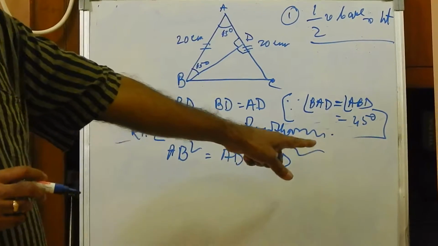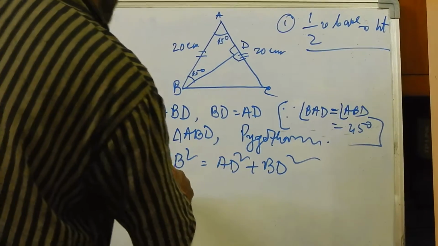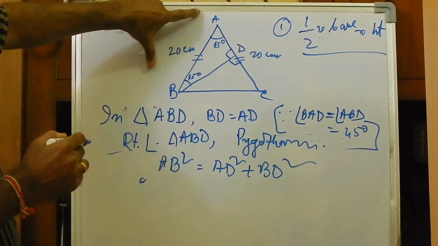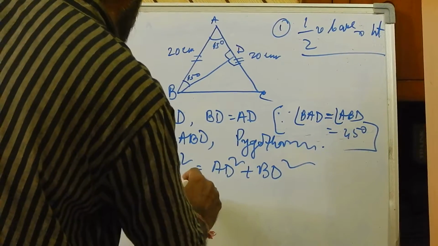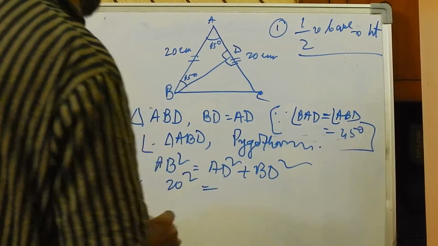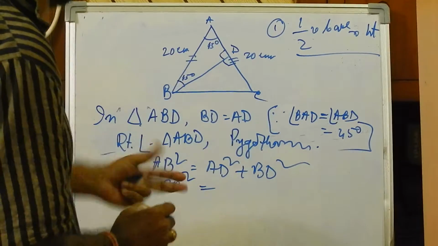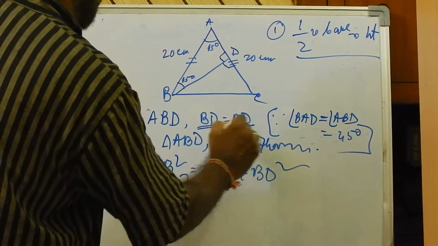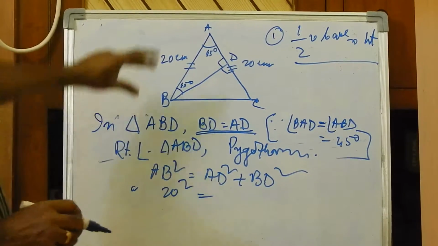AB value we all know is 20. So 20 square equals AD, which we don't know, plus BD, which we also don't know. But we know that AD equals BD.